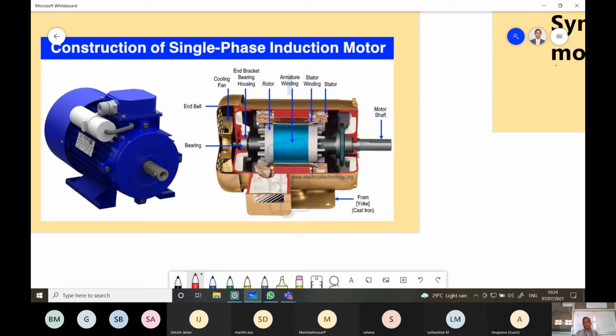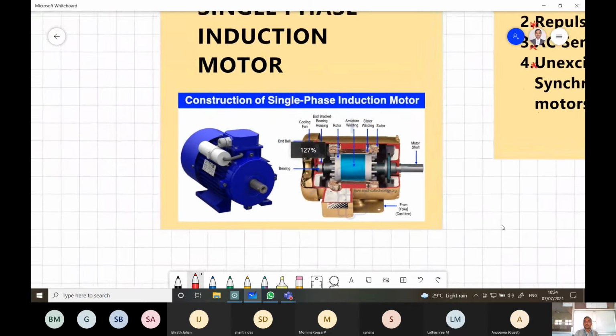There are two different windings, the starting winding and the running winding. Inside we have bearings, a cooling fan, bearing housing, rotor, armature winding, stator winding, motor shaft, and the frame or yoke. The outer body is called the frame or yoke. These are the constructional features of the single phase induction motor.